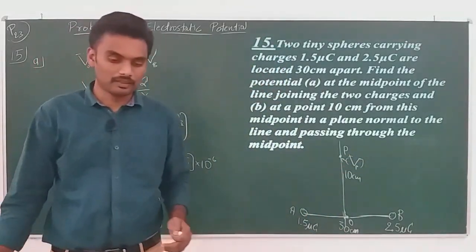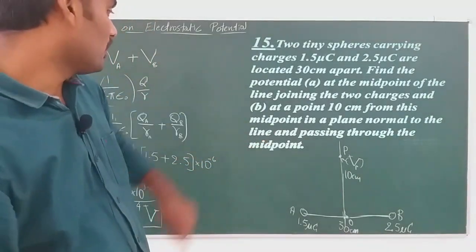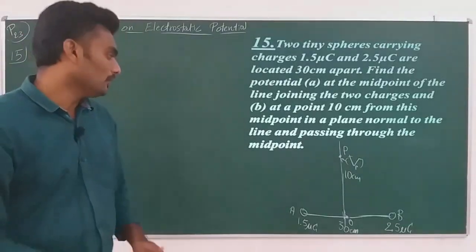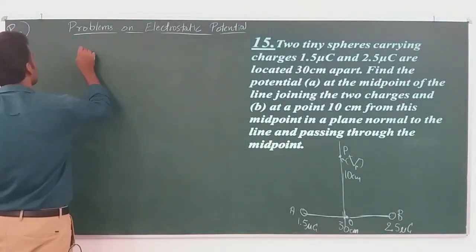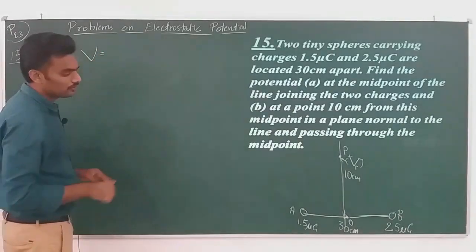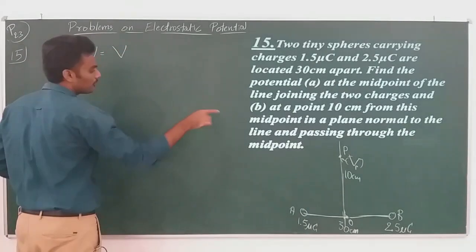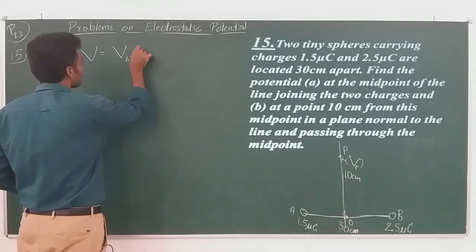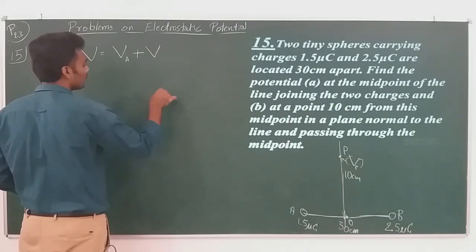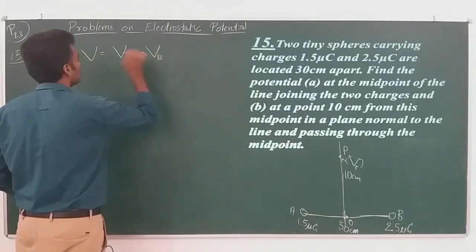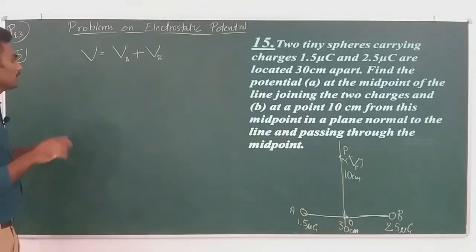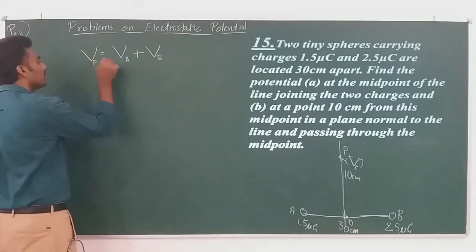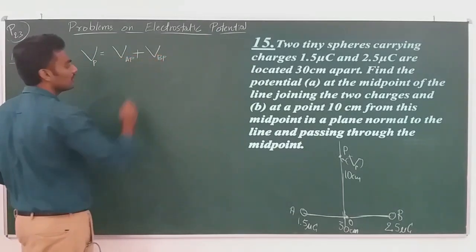Let us simplify for Vp now, the total potential at P. Potential at P is equal to the sum of the potentials at point P due to charge at A plus potential at point P due to charge at B. If you want the terms to be clearer, you can consider this as Vp and this as VAP and VBP, both are fine.